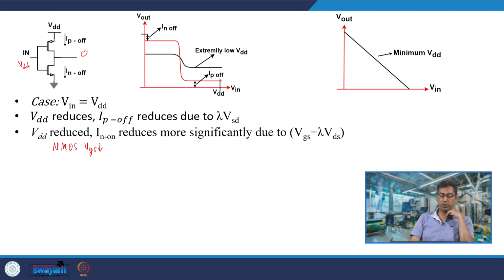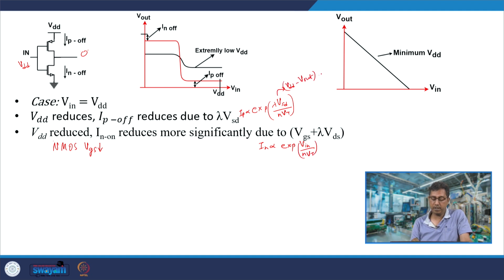Because of the DIBL, the current has a relationship like lambda VSD divided by nVT, and IN is proportional to exponential Vin by nVT, with VDD minus Vout. We are looking at the case where Vout is 0.